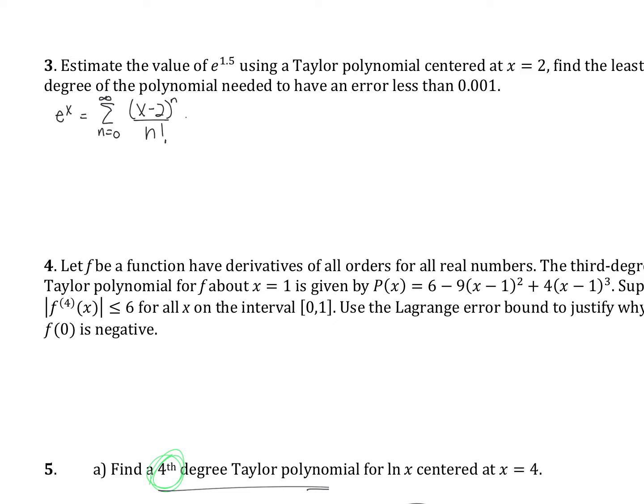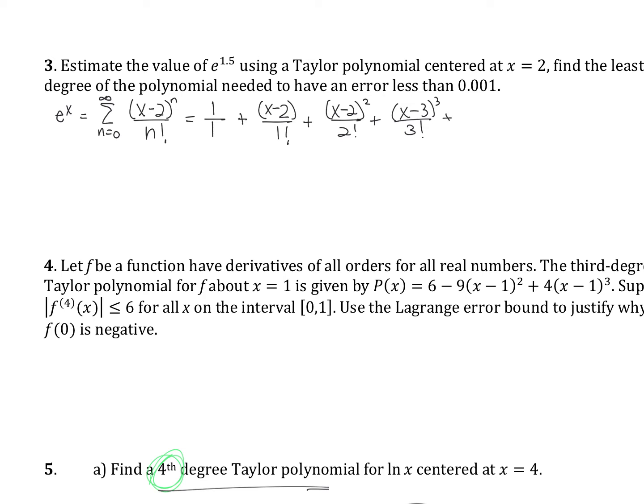If we were to expand this, if we let n equal 0, we'd have (x minus 2) to the 0 power, which is just 1, over 0 factorial, which is everybody's favorite, is 1. Plus, if we let n equal 1, we get (x minus 2) to the first power over 1 factorial, and we can keep going. So this would be (x minus 2) squared over 2 factorial plus (x minus 2) to the third over 3 factorial. You get the idea, right?